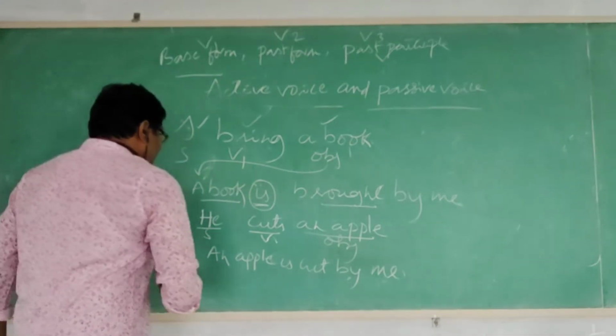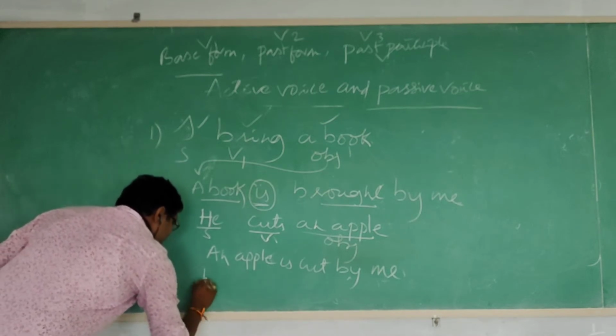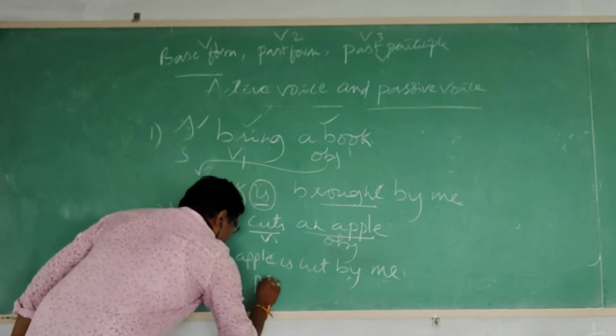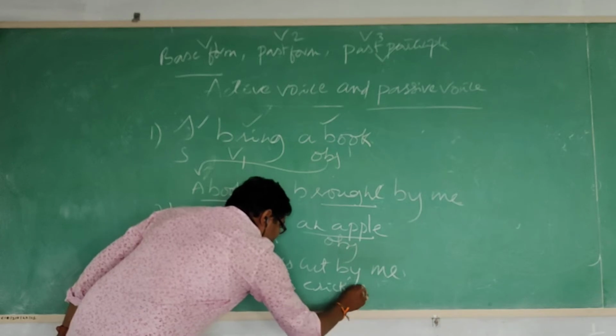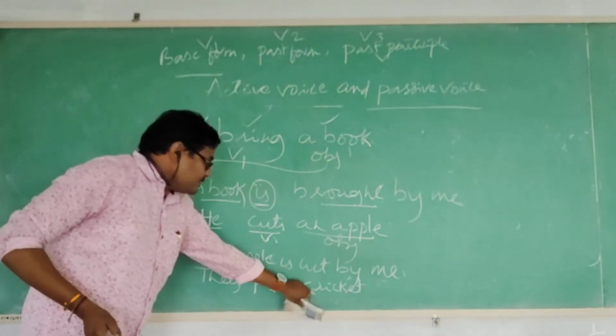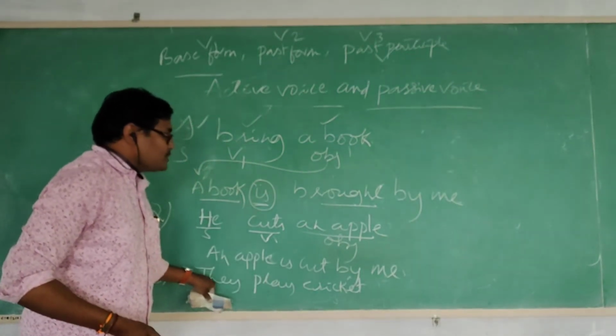Right? Now let us see another sentence. They play cricket. Here, cricket is object, play is verb, and they is subject.